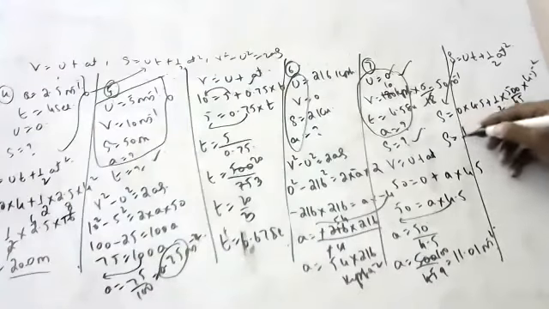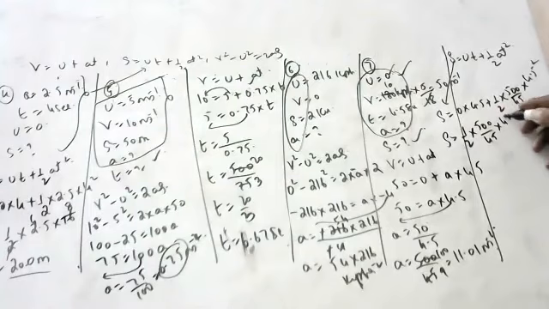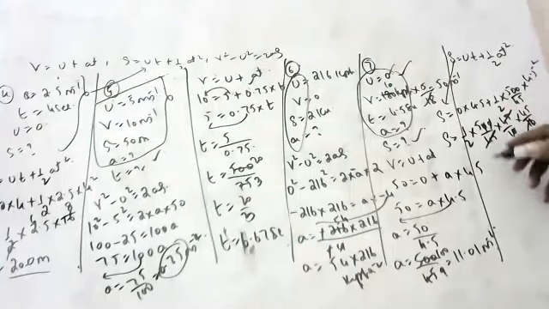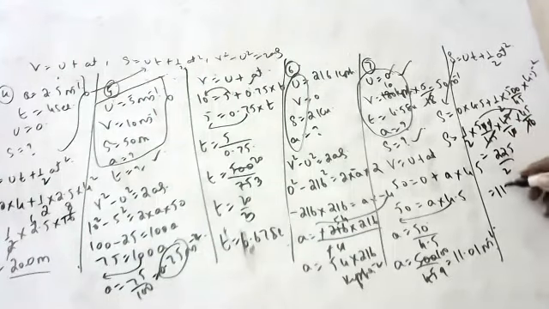This cancels, this cancels. So 5 into 45 by 2, that is 225 by 2. 112.5 meters it will cover.